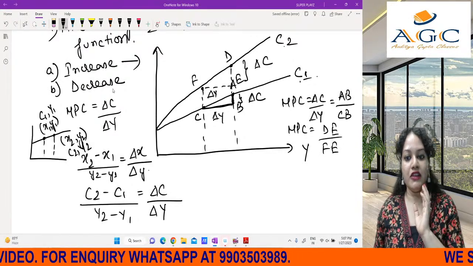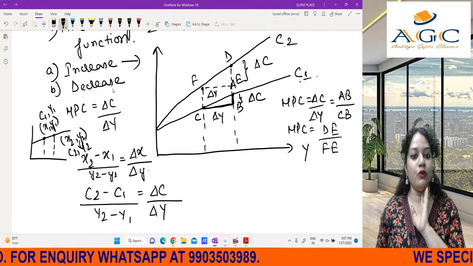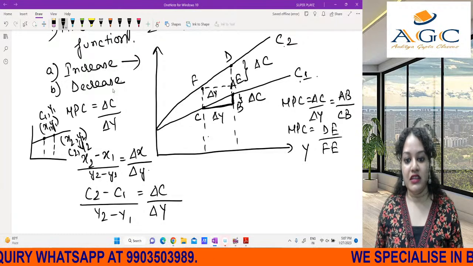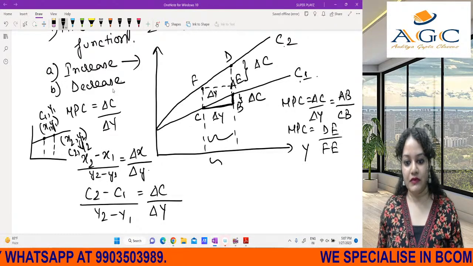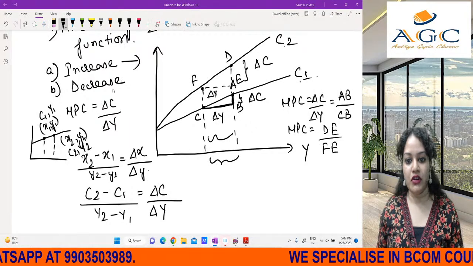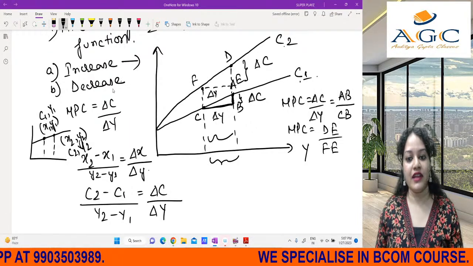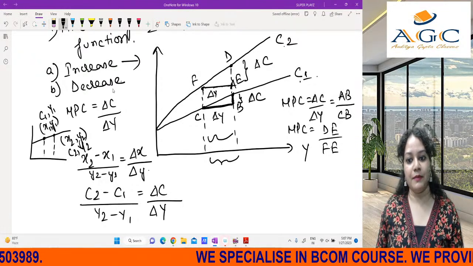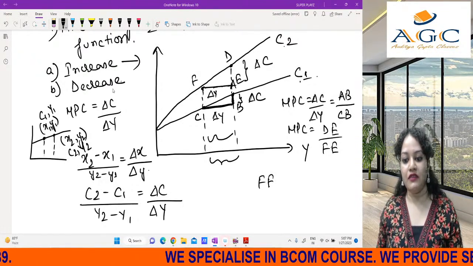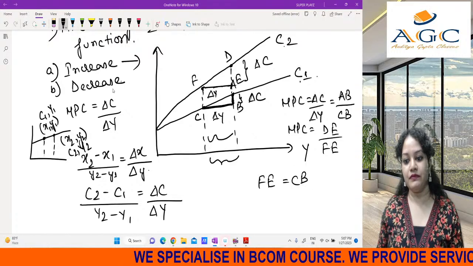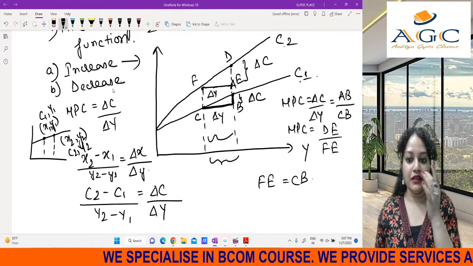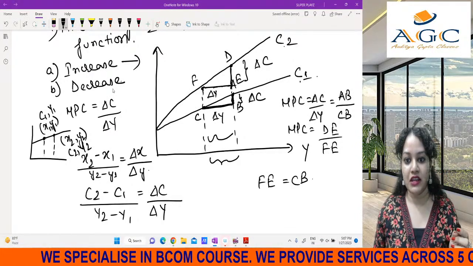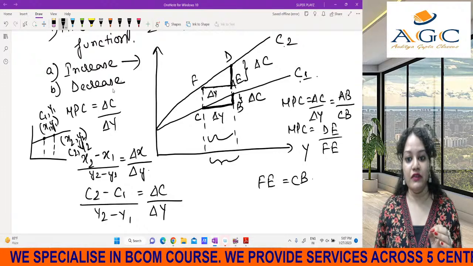These are the two points that you have got. Now how are you going to justify the increase part? This portion is the same for your CB as well as FE. The measurement of these two portions is the same. So you can say FE is equal to CB, right? But look at the measurements of the delta C portions of both diagrams.